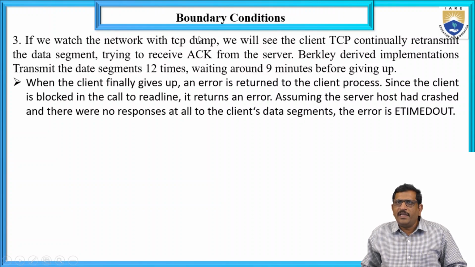When the client finally gives up, an error is returned to the client process. Since the client is blocked in the call to readline, it returns an error, assuming the server host has crashed and there were no responses to the client's data segment.